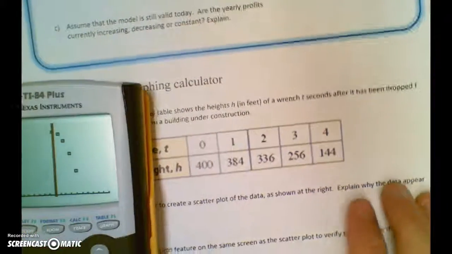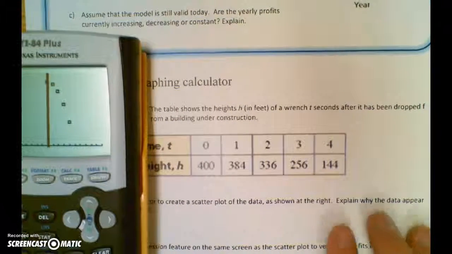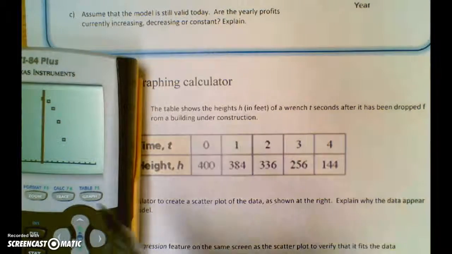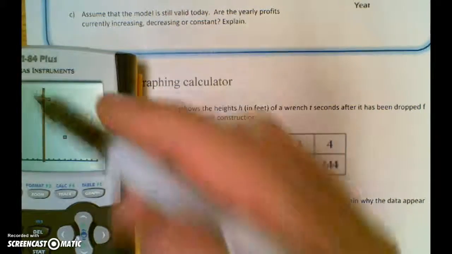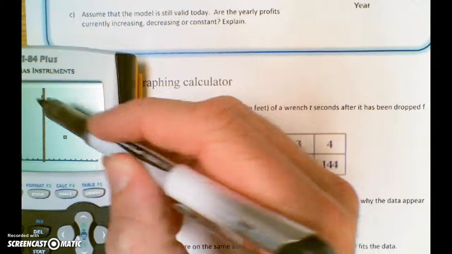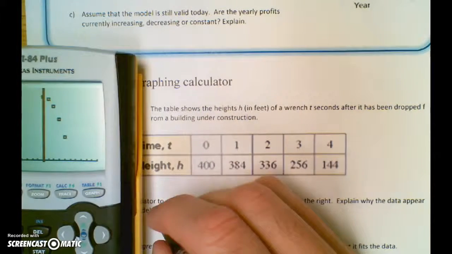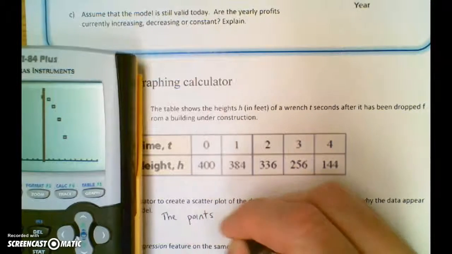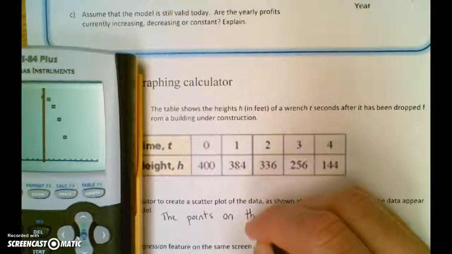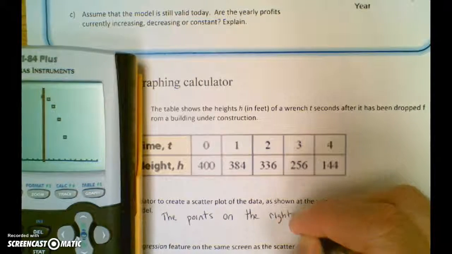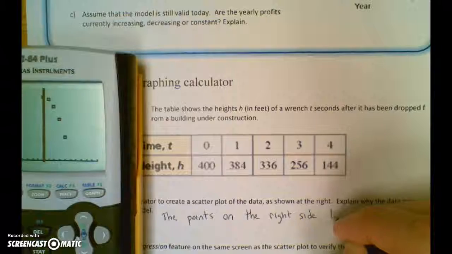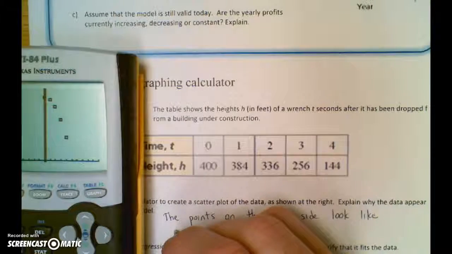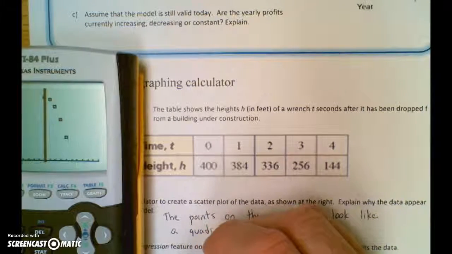Let's look at the question. Explain why the data appear to fit a quadratic model. Well, this looks like a line of symmetry, and these parts to the right look like the right-hand part of a quadratic graph. So the points on the right-hand side look like a quadratic equation.